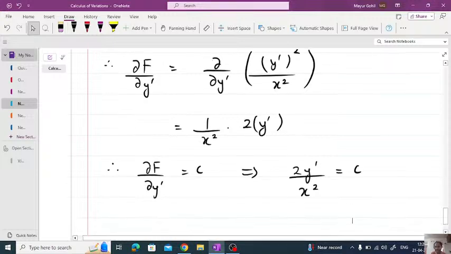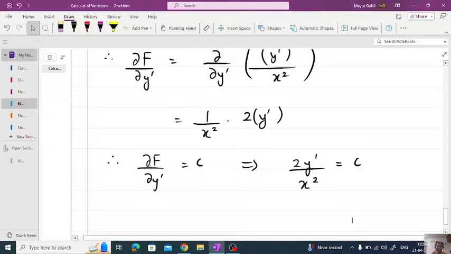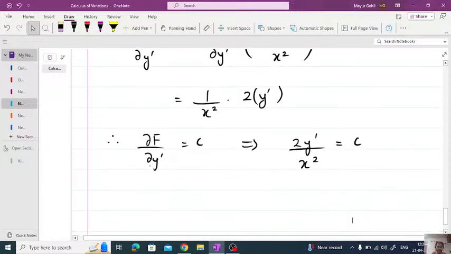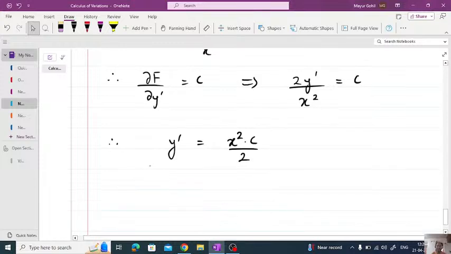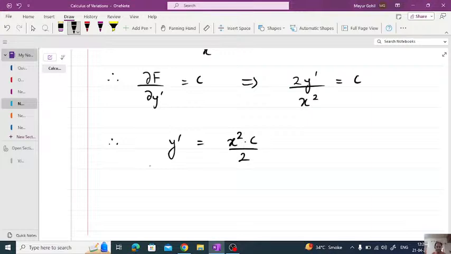Correct? We have got this now. Now we simplify this a bit more. Therefore, y dash is equal to x square into c divided by 2. Now you give the meaning of y dash as derivative. This is the time you are expected to give the meaning of derivative to the term over here, so you will get some answer.